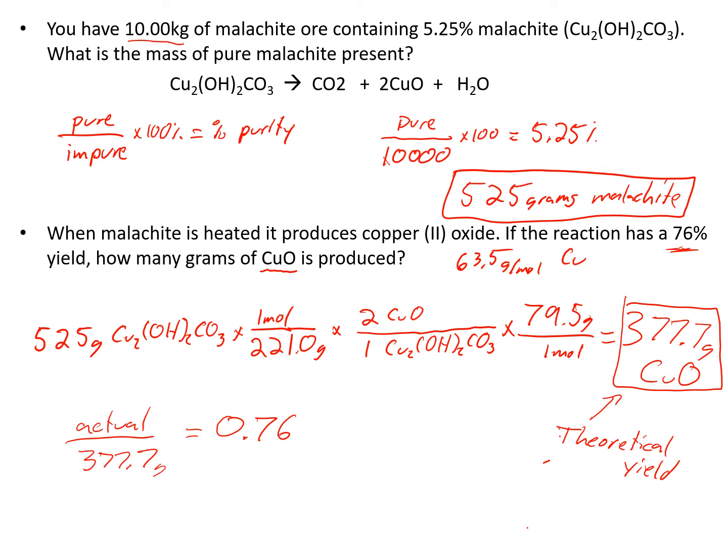So if I want to find my actual yield, I need to times both sides by 377.7, and I find my actual yield is 377.7 times 0.76 equals, and the actual amount of copper 2 oxide I got was 287.1 grams of copper 2 oxide.